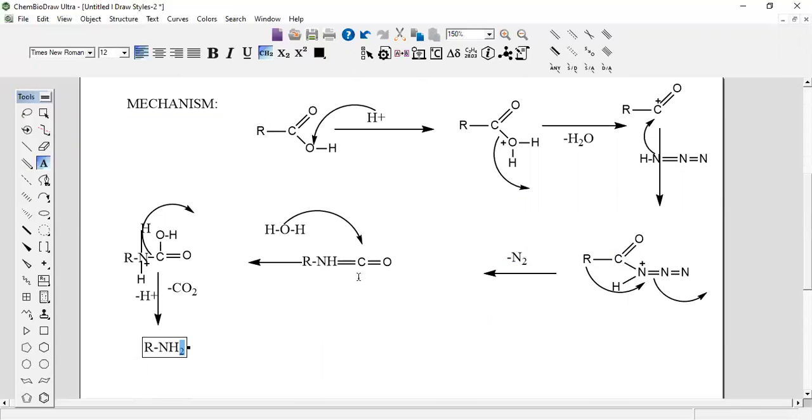Then again the water molecule is added on the isocyanate group, and this is the compound that is formed. It undergoes some rearrangement followed by elimination of CO2 and H plus ion. Finally you will get the amine.